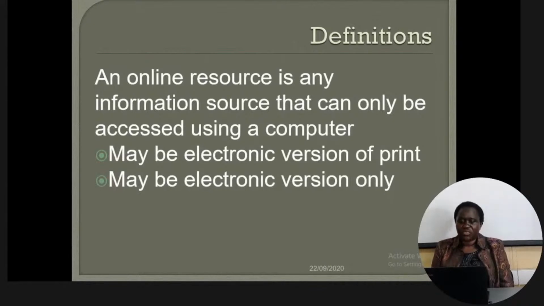It can be an electronic version of a print material, or it could be electronic only. In both cases, that becomes an online resource. It could be a video, it could be a print that has been made in soft format. All those are online resources.